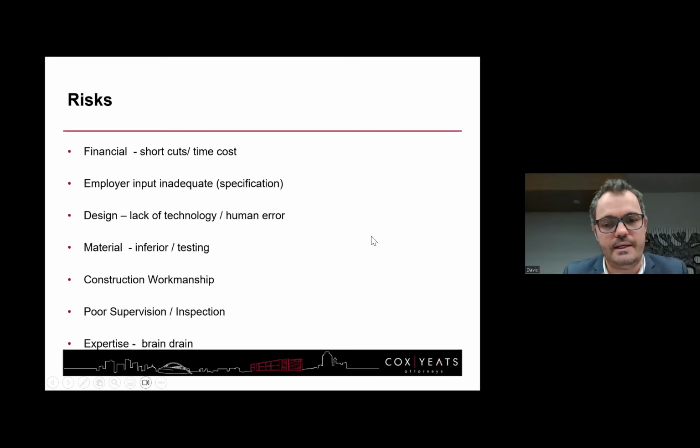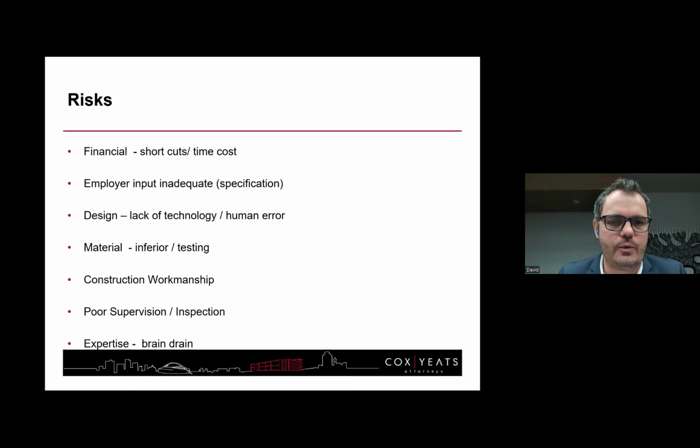So risks, and again, apologies for the speed, but time is precious. As you can imagine on any construction project, and I speak project-wide, not just construction-wide, there's always financial pressure on a project. I would say most projects fail or come into some form of difficulty because finances are tight. There's always shortcuts to be taken, and time has a cost attached to it.